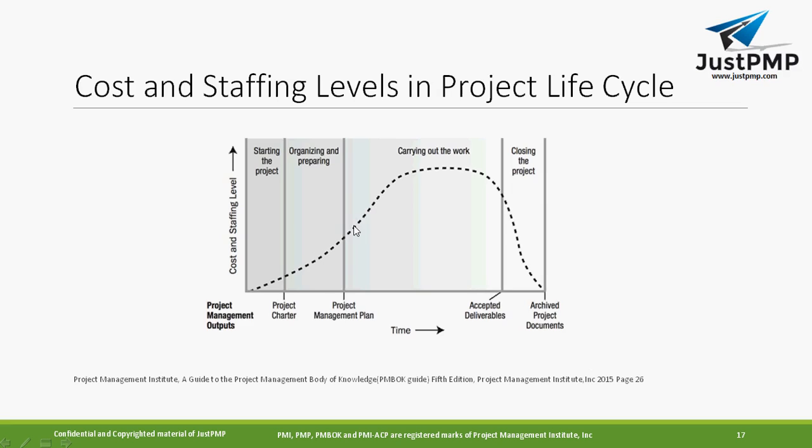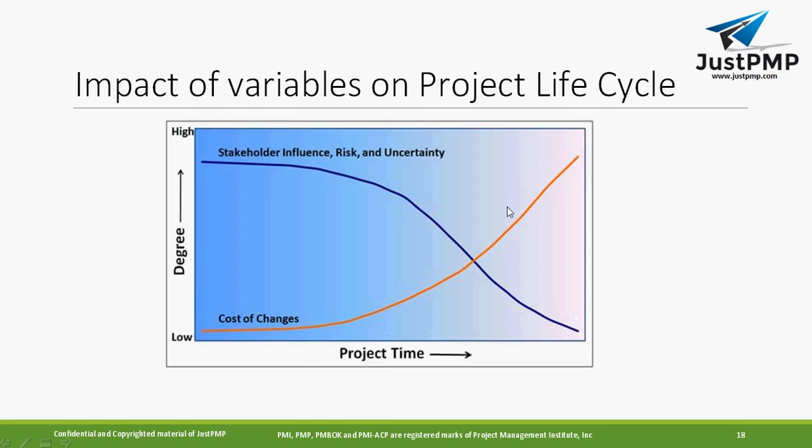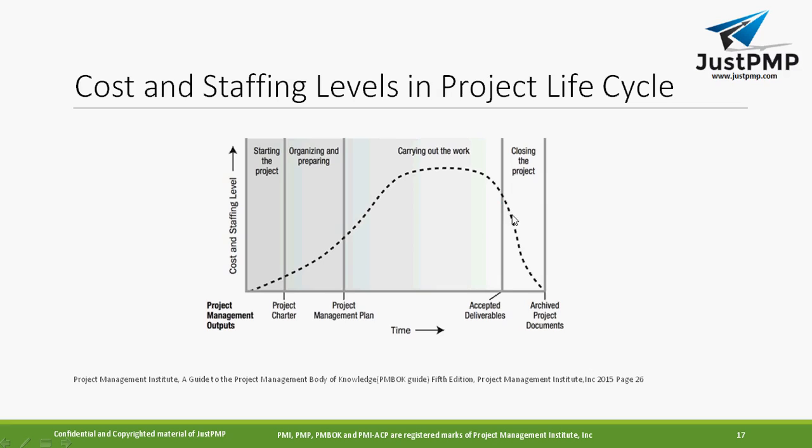In this graph, the cost of the project and staffing increase and reach a certain level, and after that, once the accepted deliverable is done, they keep decreasing, because when you deliver the project you are in the process of closing it. Here the cost and staffing keep decreasing, and at the end you reach the project documentation, the closing process. So at different levels you have different costs, which increase and decrease during the project life cycle.